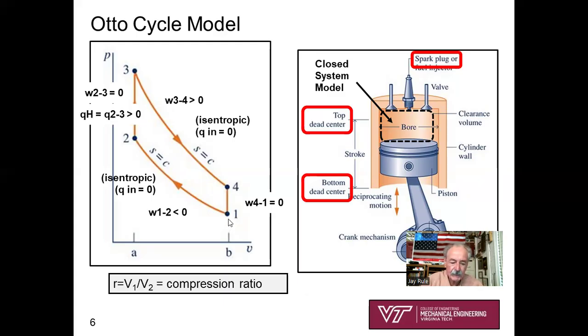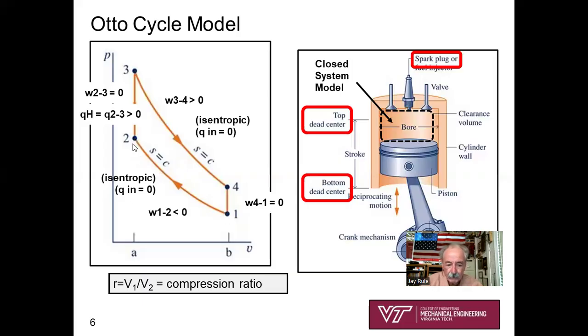Let's spend some time looking at this. Process 1 to 2 is the isentropic compression process, going from bottom dead center, state 1, maximum volume, compressing. The piston is moving up in the cylinder, a compression process to state 2, reversible adiabatic.